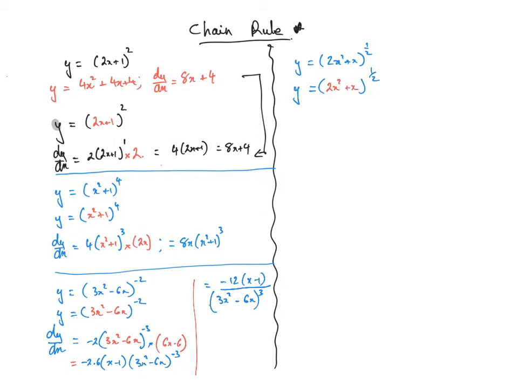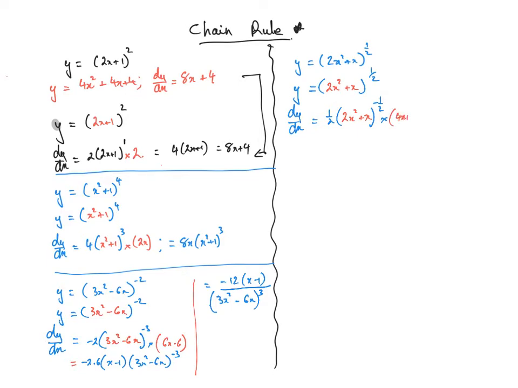So now dy/dx is equal to a half comes out the front. Leave the function in there, 2x squared plus x, in red. Don't touch the function inside. Close bracket. A half minus 1 is negative a half, times the derivative of whatever's inside, which is 4x plus 1.